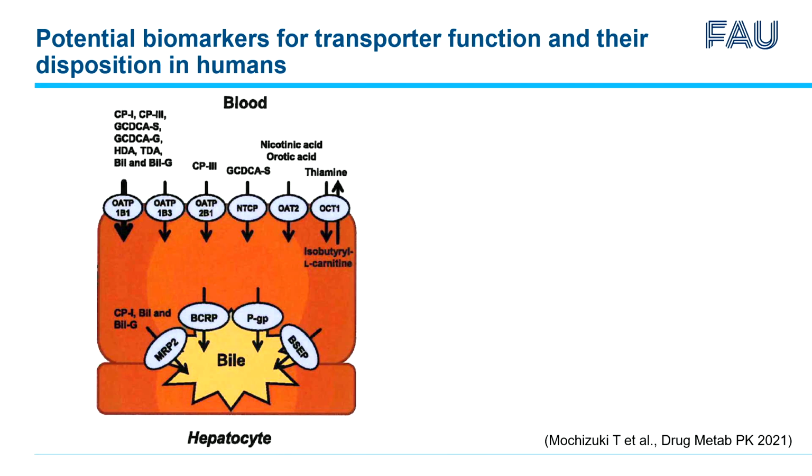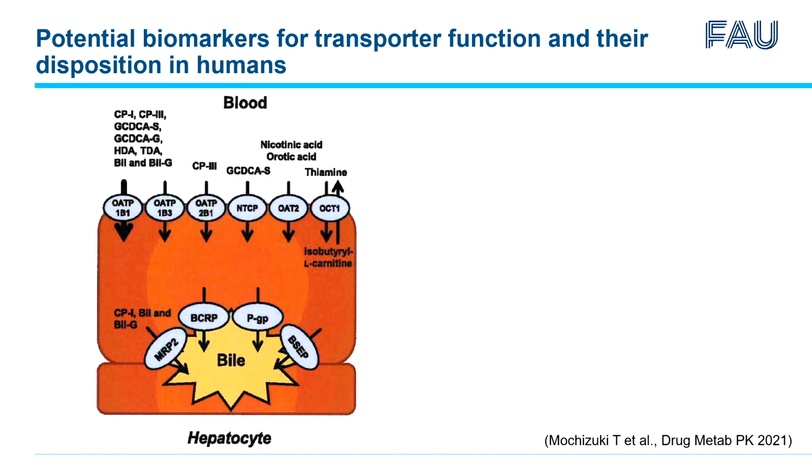So what is known, and there has been a really huge amount of literature coming up in the last 10 years on biomarkers, mainly for hepatic uptake transporters and for renal transporters. And you see here a hepatocyte with a number of uptake transporters located in the basolateral membrane and a number of transporters in the canalicular membrane.